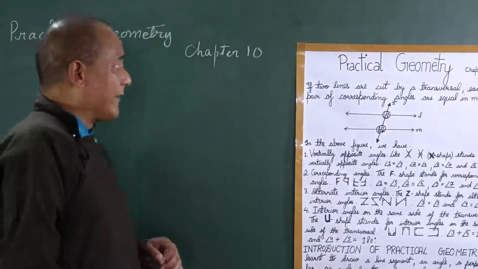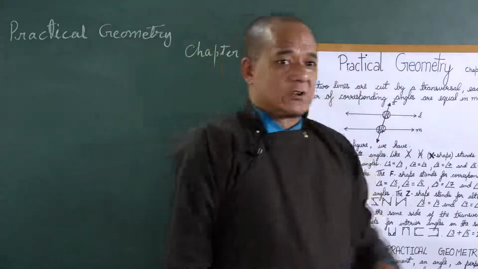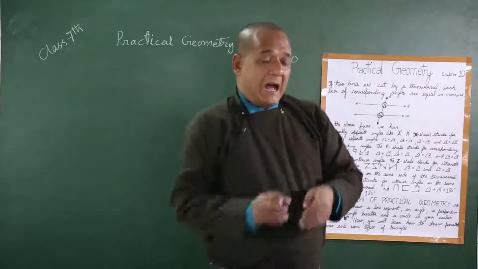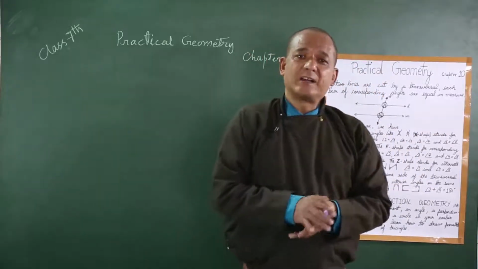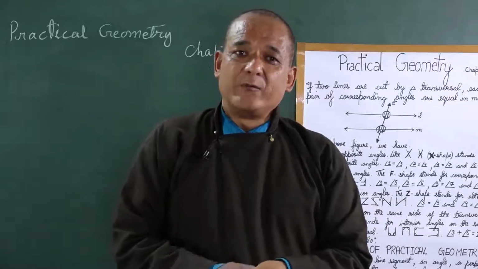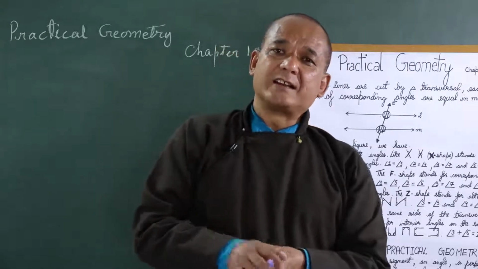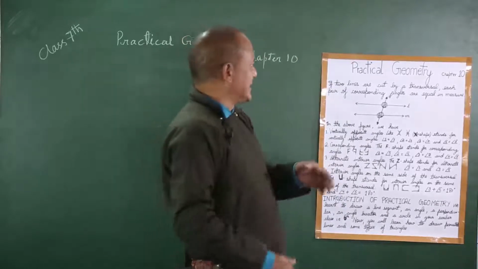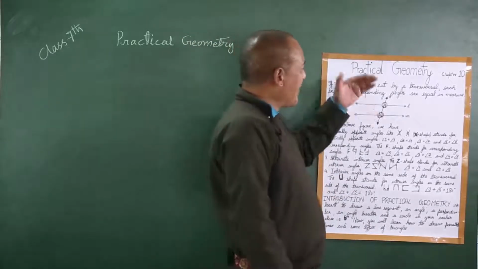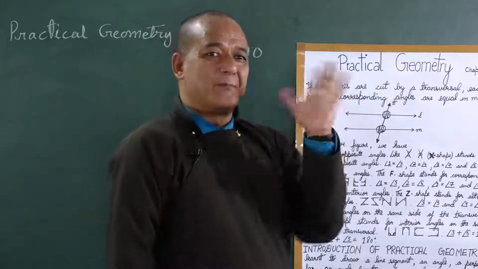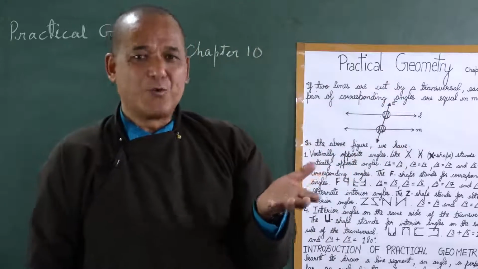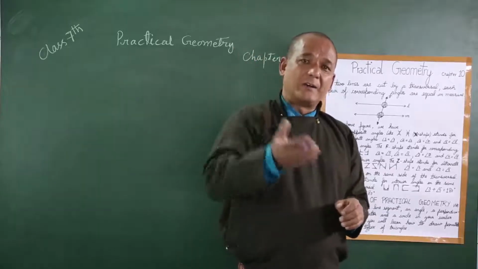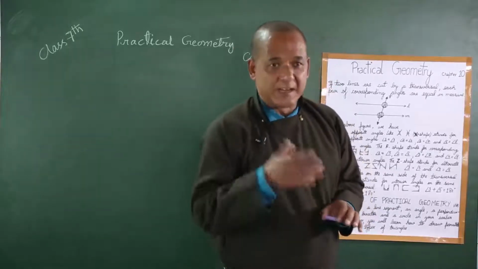This chapter is very important, because it is one of the chapters for the second term. Here we have practical geometry. When we talk about practical geometry, we will do the textual exercises, and when we do this, you will understand it better. But before you go for the textual exercises, you have to know some of the things we use before the practical geometry lesson.